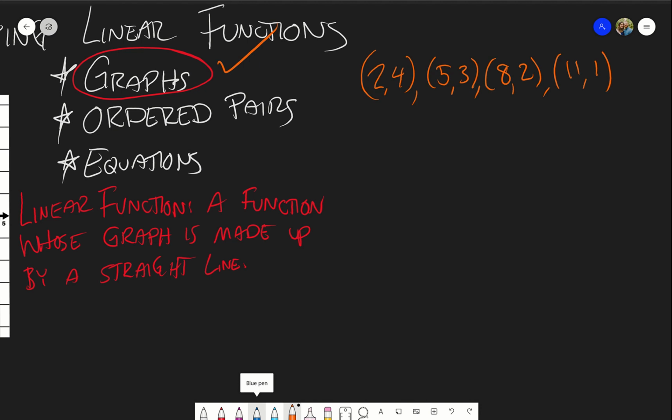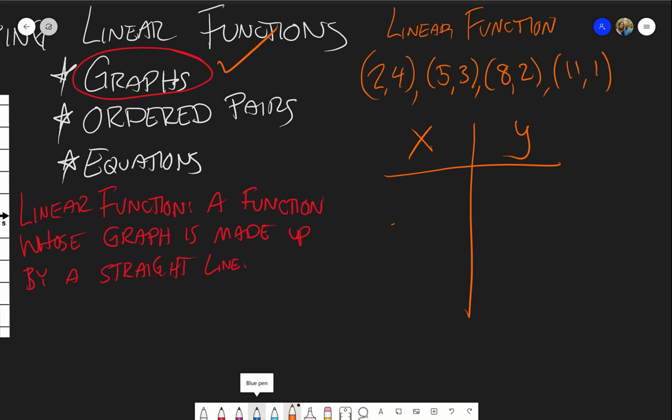And I say, all right, will this create a linear function? The way we check that is we put these ordered pairs into a table. All right, we make a table with our x's and our y's. We go x: 2, 5, 8, 11, and y: 4, 3, 2, 1.